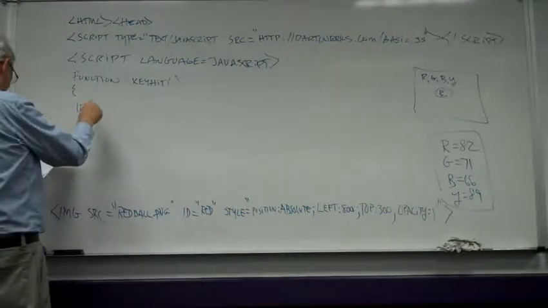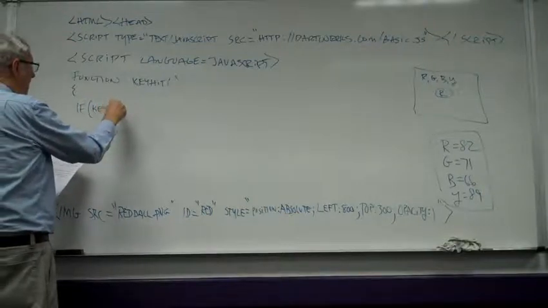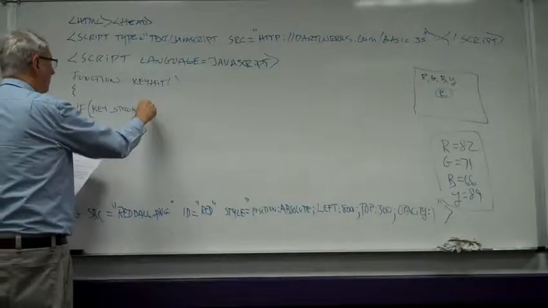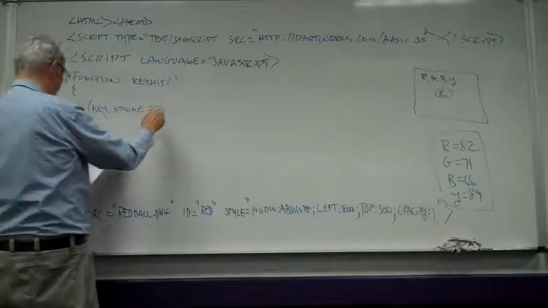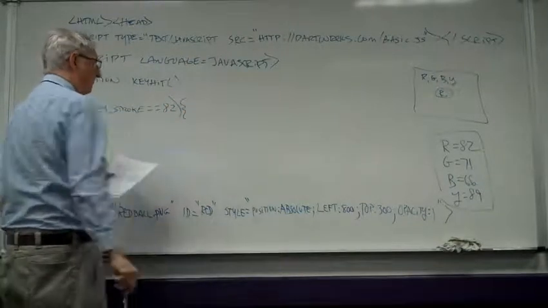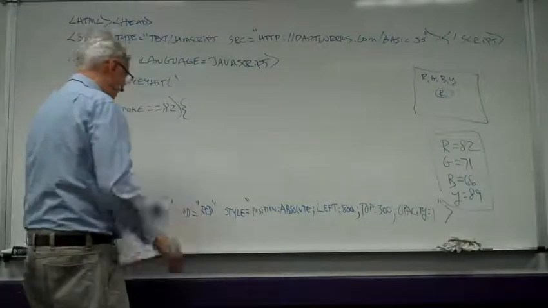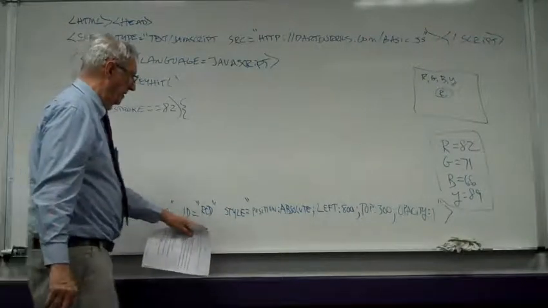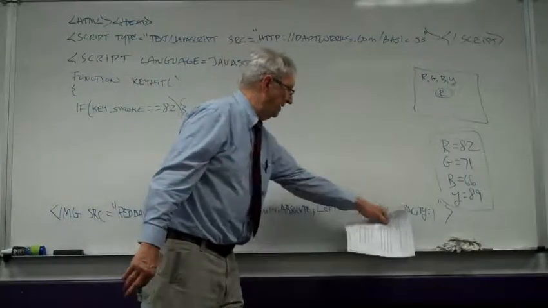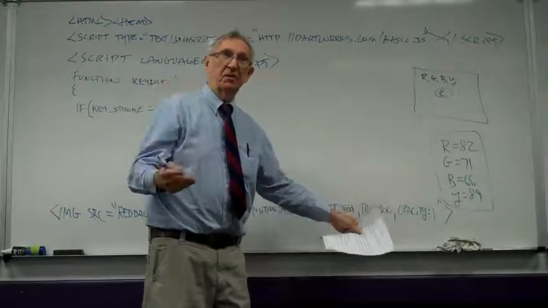If the keystroke equals 82, that would be red, right? So if red is the one I hit, what I want to do immediately is make red style opacity 1. I want to be able to see it.